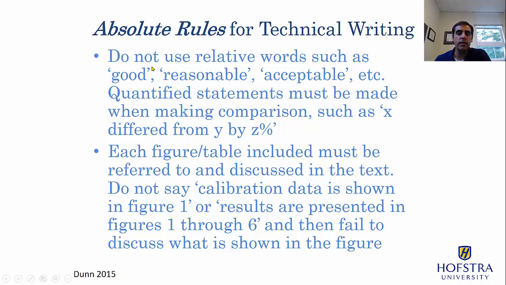All of these don't give any quantifiable information, right? And so we want to make comparisons with numbers. We want to say, the data collected differed from theory by 10%, right? 15%, right? Quantify, quantify, quantify.